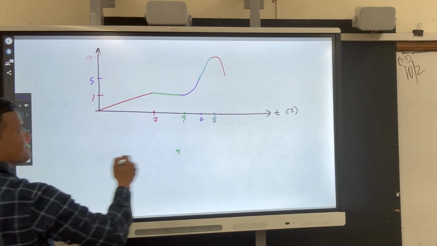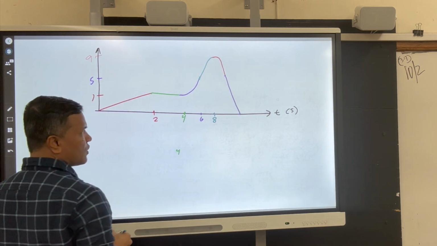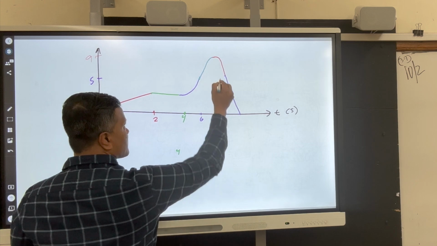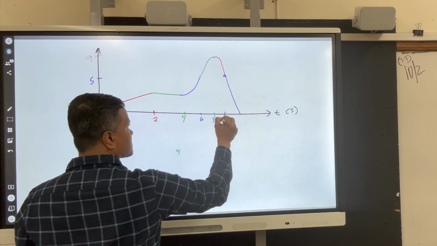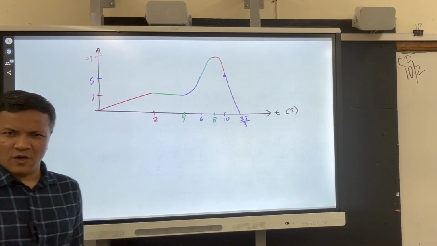And finally, the car moves with constant velocity and stops at the origin. This one is 10 and this one is 35 over 3. So this is what you saw.